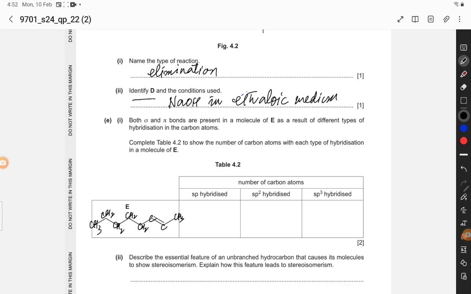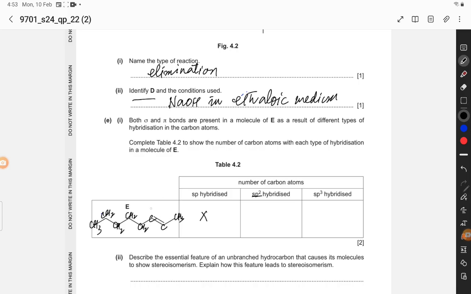So there is no sp hybridization, so double bond is there. No sp hybridization, sp2 where double bond is present, so sp2 hybridization is there. So there are a number of carbon atoms which undergo sp2 hybridization.